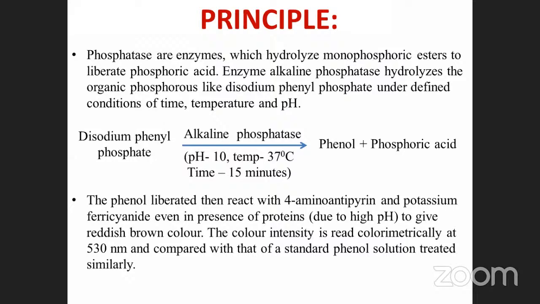Phenol reacts with 4-amino antipyrine in the glucose method, but here phenol reacts with 4-amino antipyrine and potassium ferricyanide to form reddish brown color. The color intensity is read colorimetrically at 530 nanometer and compared with that of standard phenol solution treated similarly. Understood this? Why is this 530 nanometer wavelength selected for this estimation?